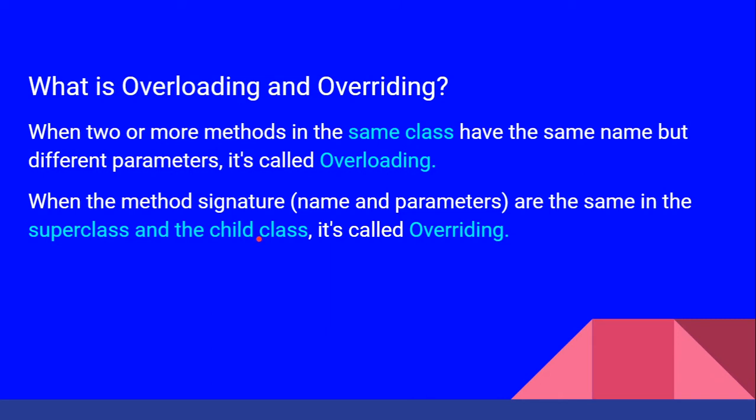When the method is available in both the parent class and the child class, with the same name and parameters, then it is called overriding.